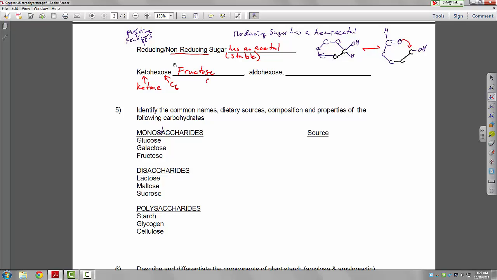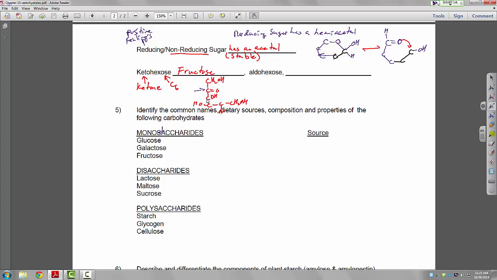So fructose, 1, 2, got the double bond oxygen there, so CH2OH, 3, 4, 5, 6. So we've got OHs on our alcohol groups on all these guys, but the key thing to remember here is with fructose, that carbonyl, carbon double bond oxygen, is not an aldehyde but a ketone, so it's on the second carbon.